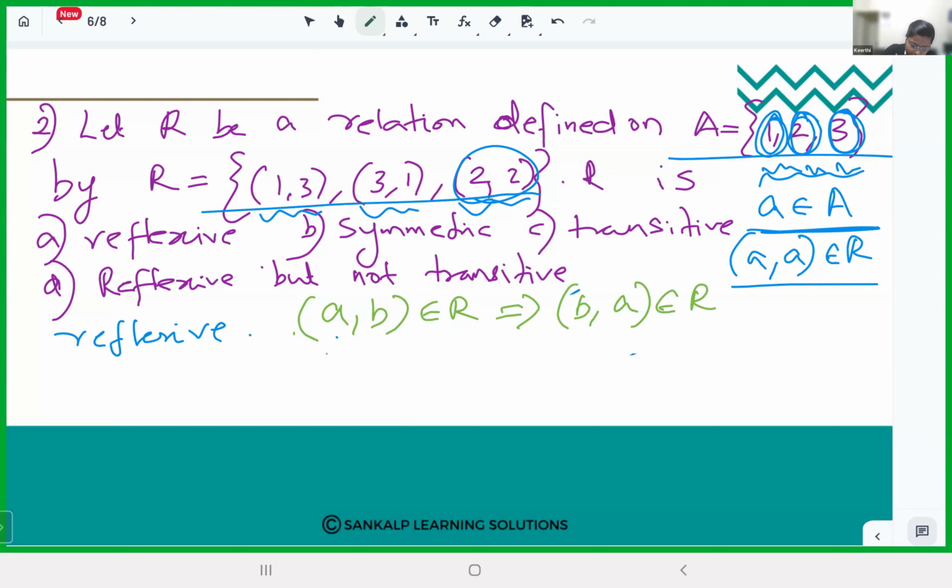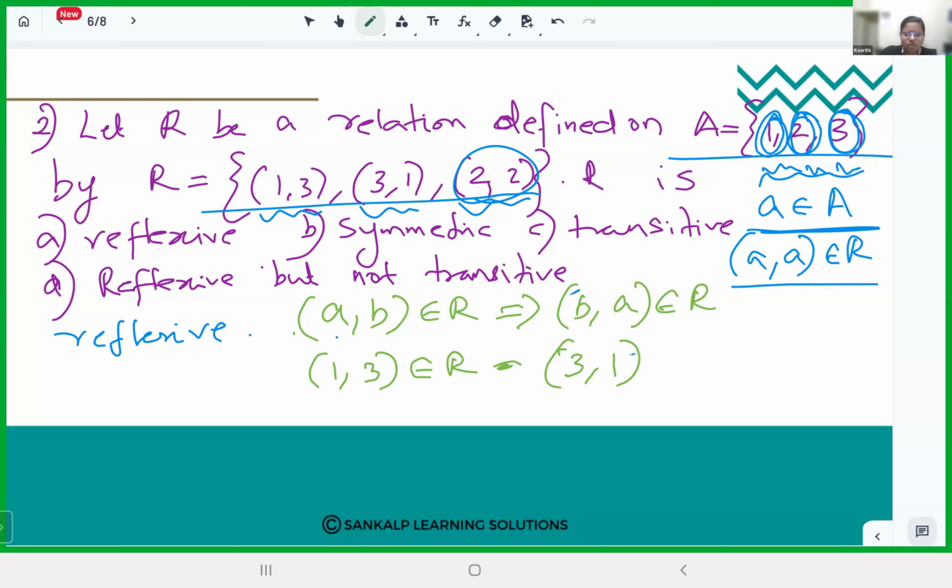We'll start with (1, 3). (1, 3) is an element of R. Now we should find an ordered pair that starts with 3 and ends with 1. Does (3, 1) belong to R?